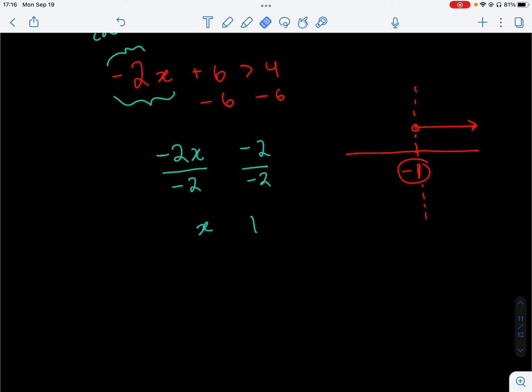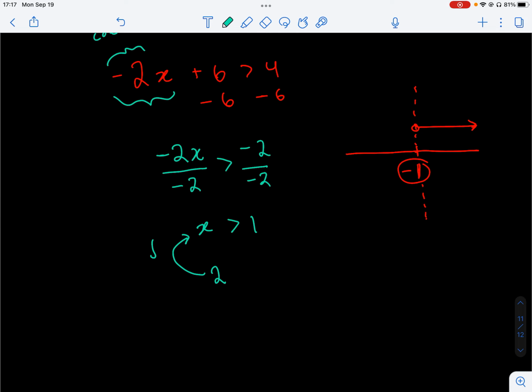However, negative signs are a little trippy, and initially we had that negative 2x was greater than negative 2. The question is, is this symbol still correct? For instance, give me a number that's greater than 1. Some of you might say 2. Well, 2 satisfies this expression.